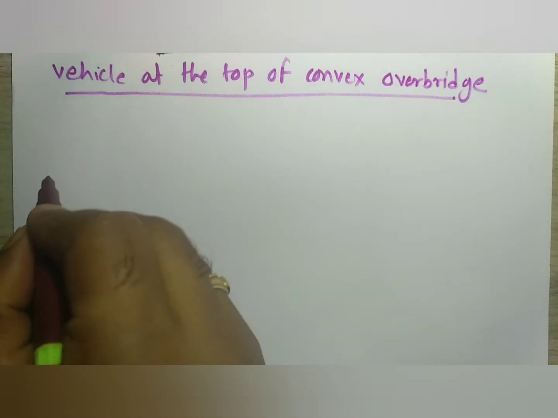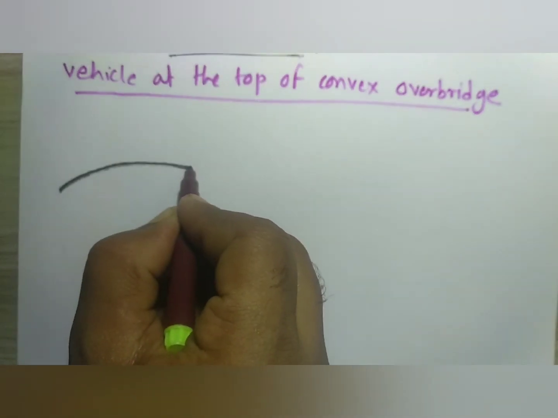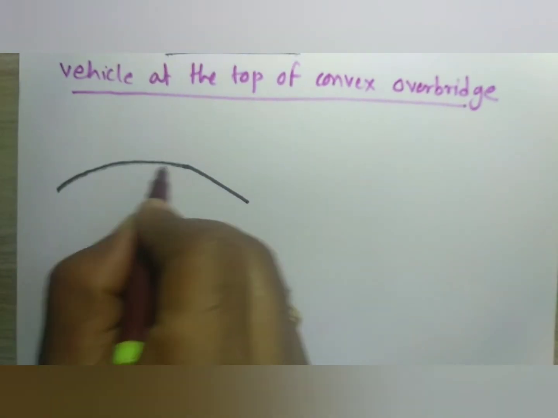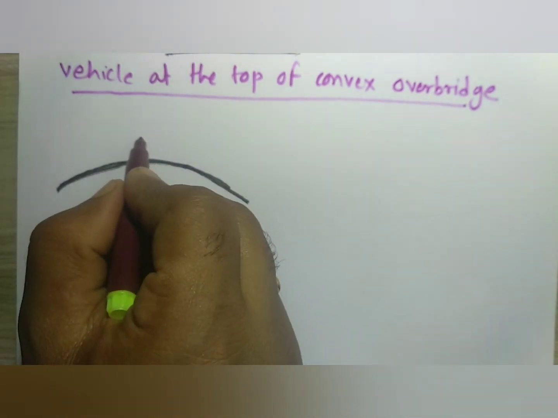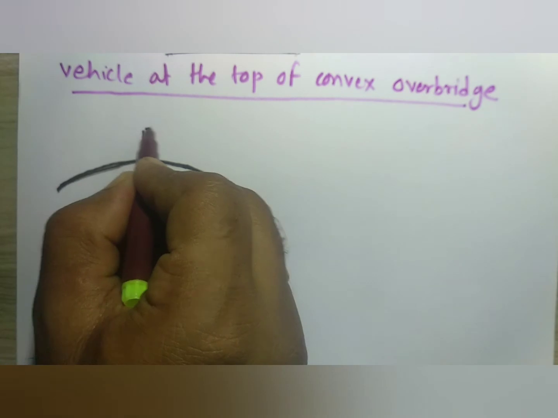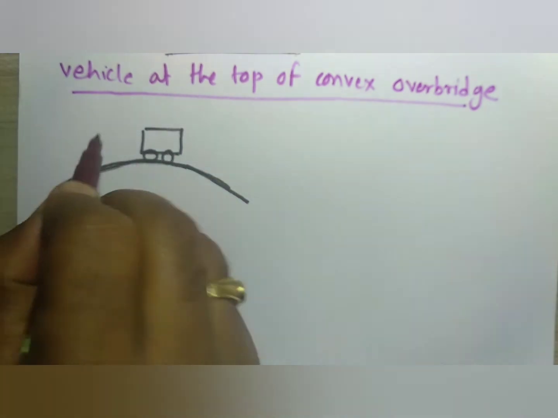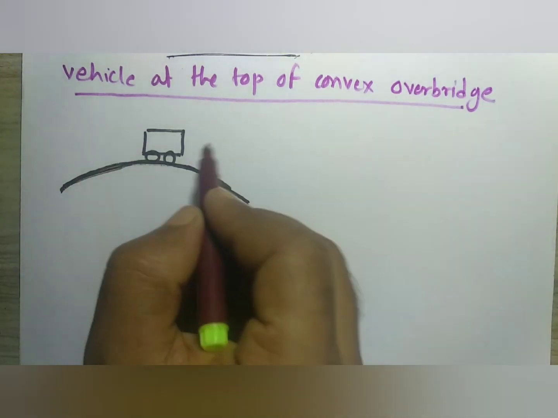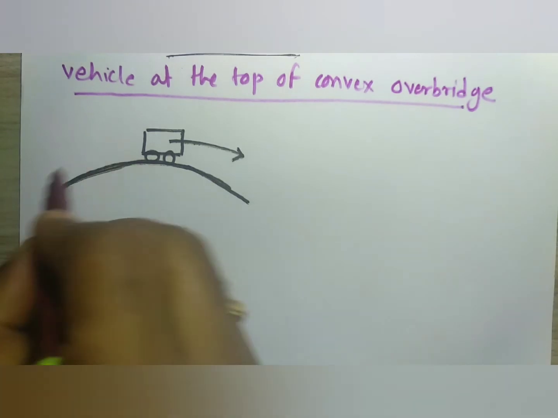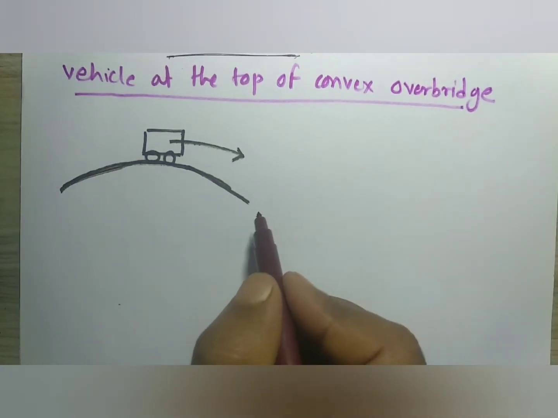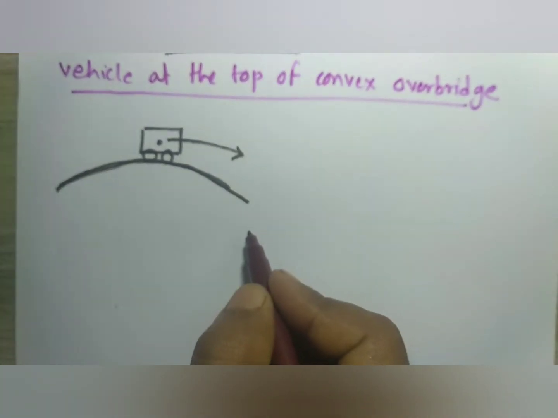This is the convex overbridge, and our vehicle reaches the top of that overbridge, moving in this way. You have to perform a velocity in this forward direction, and we have to reach the top of that overbridge.